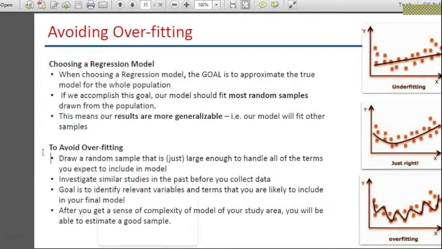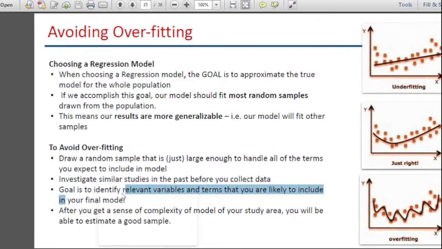To avoid overfitting, draw a random sample that is just large enough to handle all of the terms you expect to include in the model. Investigate similar studies in the past before you collect data.